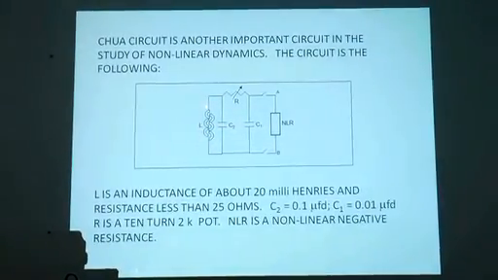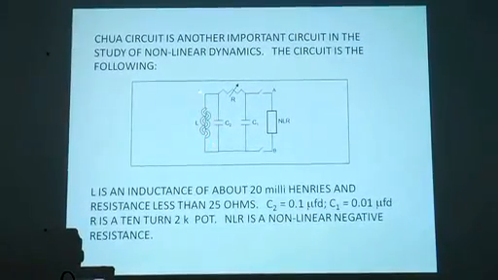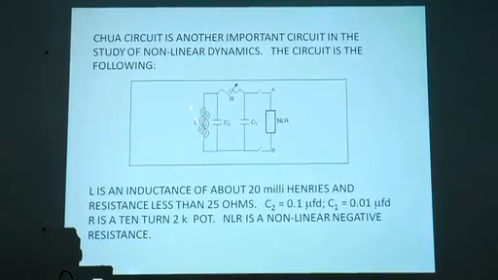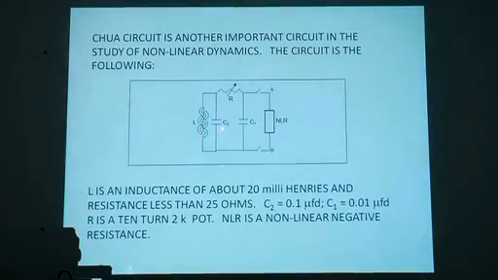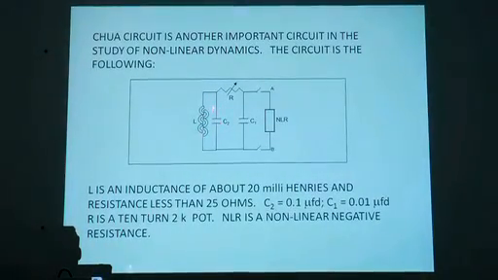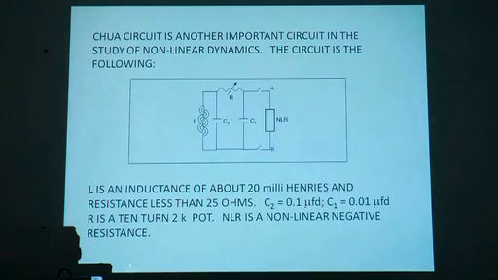L is a coil with an inductance of about 20 millihenries. C2 is a capacitor of 0.1 microfarad. C1 is a capacitor of 0.01 microfarad. R is a 10-turn 2K pot.